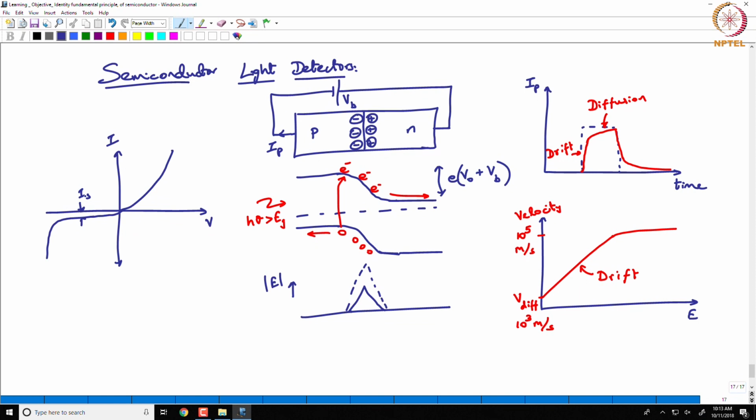Now, the point here is we are trying to use it as a photodiode. So, what happens when you increase the amount of light that falls on this photodiode? You essentially have a shifting of this curve. So, as you increase the light intensity, this level is going to increase, right.